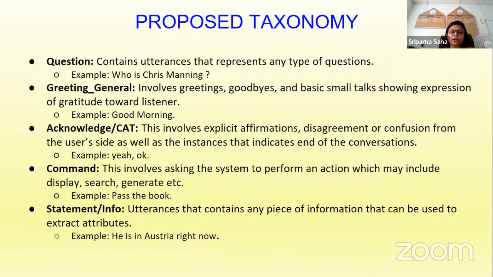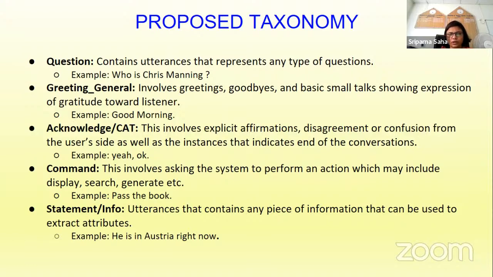It involves greetings, goodbyes, and basic small talk, showing expression of gratitude towards the listener, like good morning, good evening, good day. Then there is acknowledgement. This involves explicit affirmations, disagreement, or confusion from the user side, as well as instances that indicate the end of the conversation.